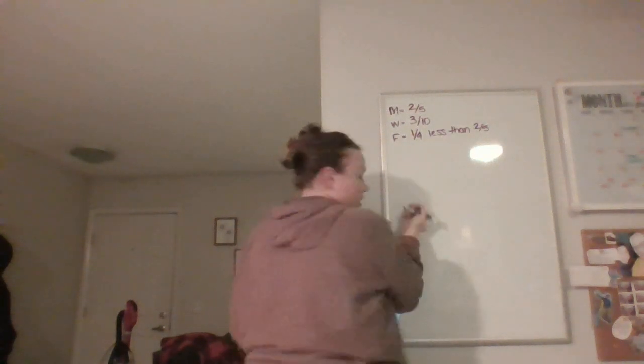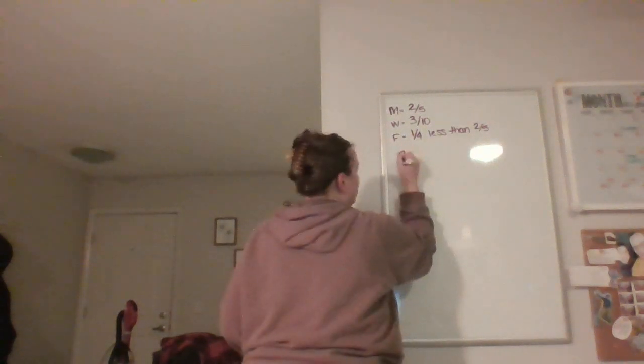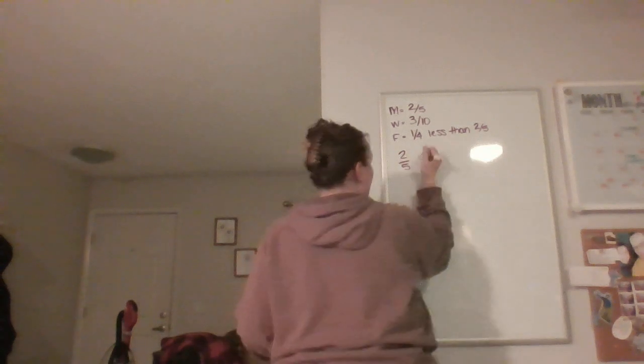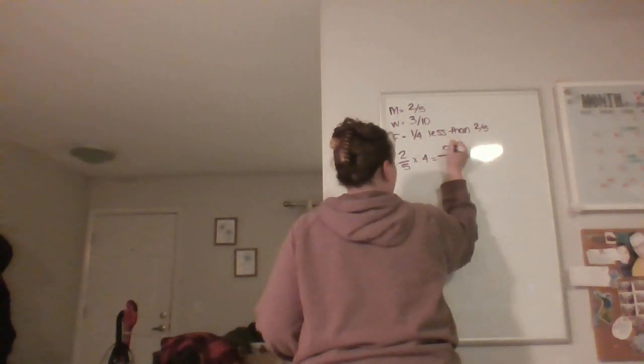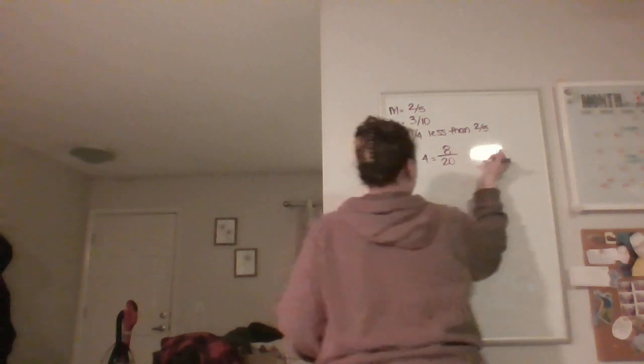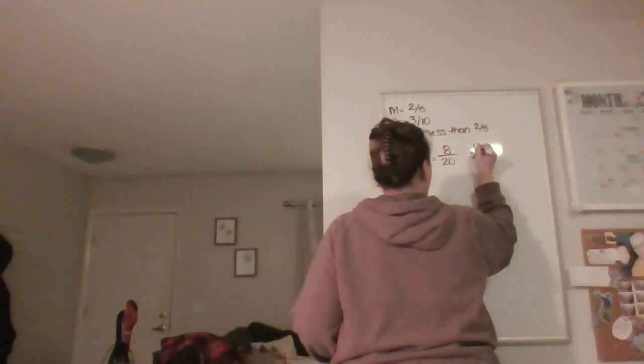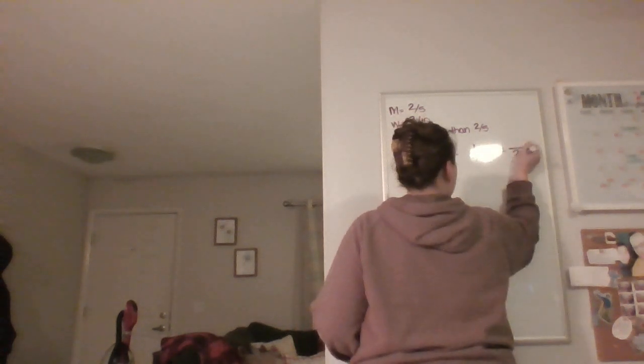So we're going to convert, and for 2/5 times 4 is 8/20, and then 1/4 times 5 equals 5/20.